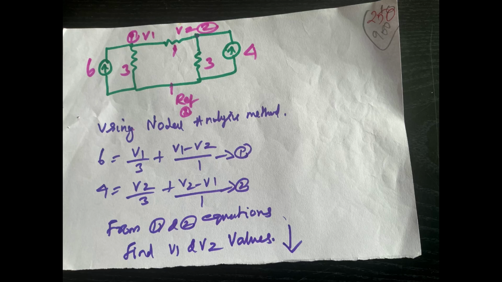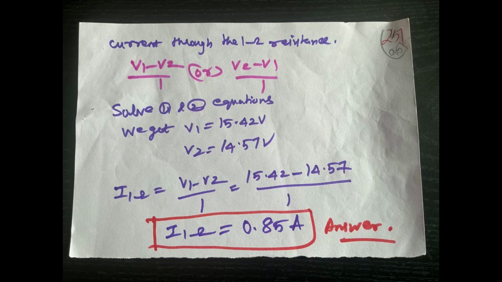Consider nodal point 1. The meeting elements are the 6 ampere source and the 3 ohm and 1 ohm resistances. So, using the formula, the 6 ampere source equals V1 divided by 3, plus V1 minus V2 divided by 1.